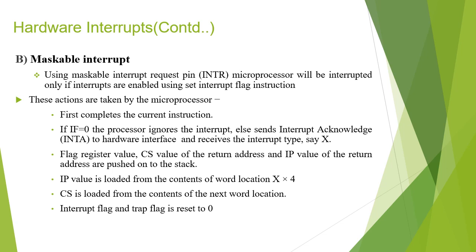When an interrupt type number is multiplied by 4, you get the IP value for that particular interrupt routine, the set of instructions you are supposed to execute for that type number. The code segment value of those instructions will also be loaded into the code segment from the next word location. So we have the code for that interrupt. Once we get the address of that code, your interrupt flag and trap flag will be reset to 0.